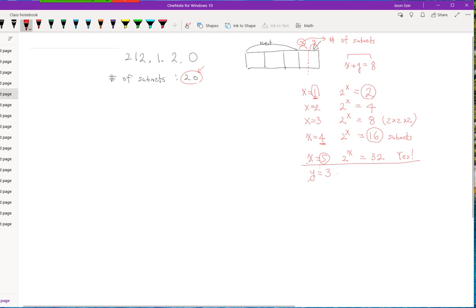With Y is 3, there are two things. 2 to the Y minus 2 tells you the number of usable host addresses per subnet. So that's 2 to the 3 minus 2, which means 6.